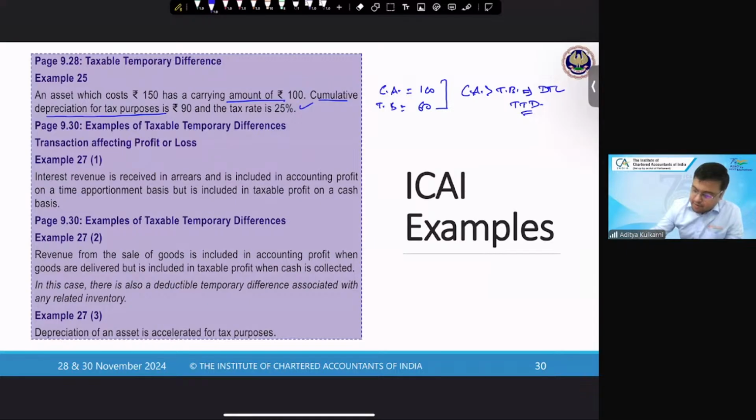There is a carrying amount for this. But is there a tax base for this interest receivable? No, there is no tax base. So carrying amount is greater than the tax base. So again, this gives rise to a taxable temporary difference, a DTL. Have you understood?